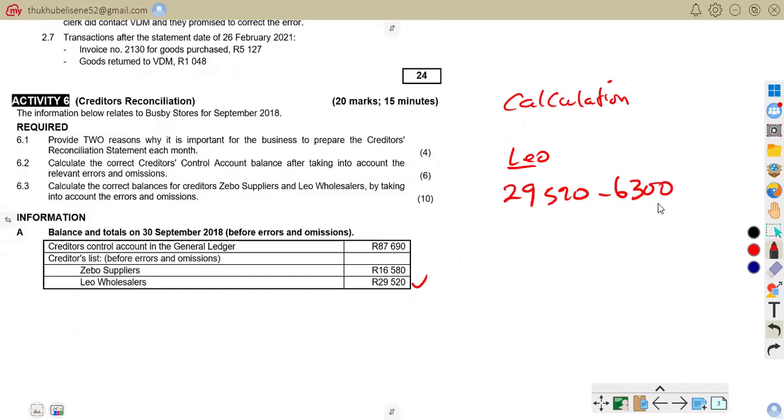That was the amount that was an error, if you can remember very well, whereby we were to reduce the amount owed, but we ended up increasing creditors. Then minus 4,900. You know very well 4,900 was incorrectly entered into Leo's account, so we had to remove it. And then the total amount is 18,320. So this is our answer.